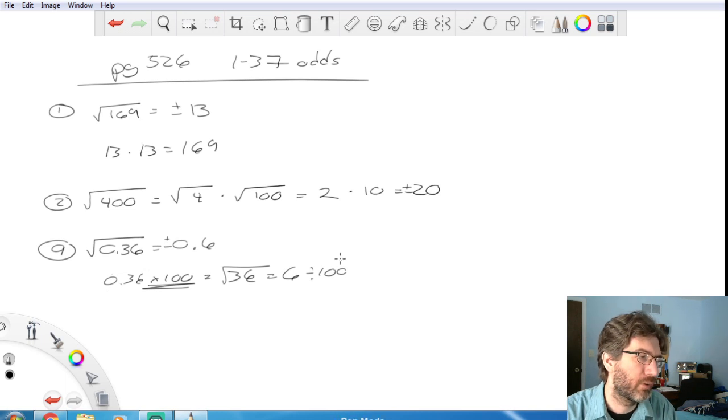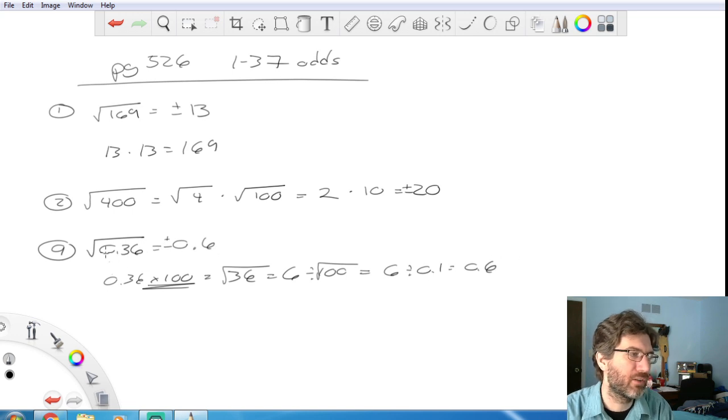Oh, I took the square root, so I got divided by the square root of 100. That's why. And that'll give you 6 divided by 0.1, which will give you 0.6. Or you can just think of the decimal, just don't lose your decimal point on where you're doing things.